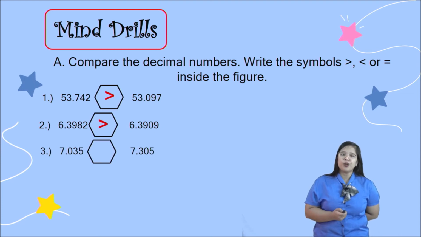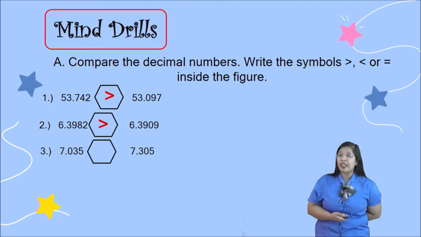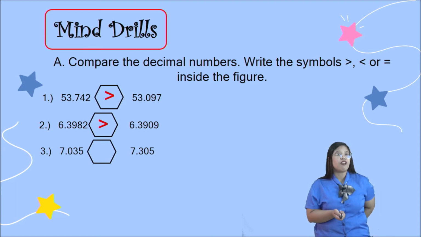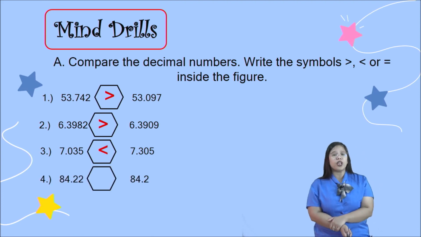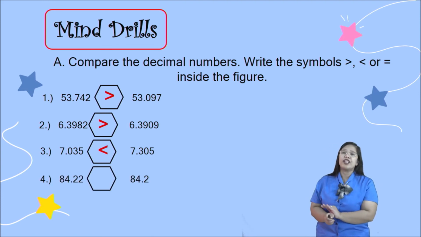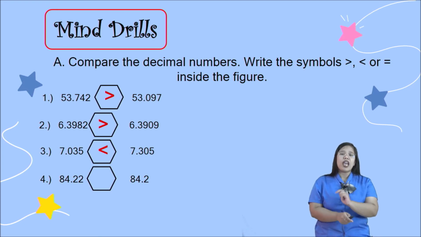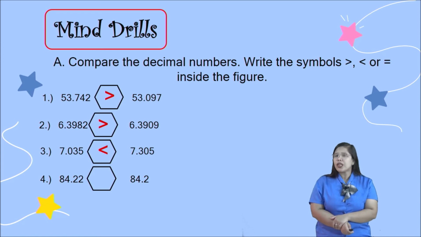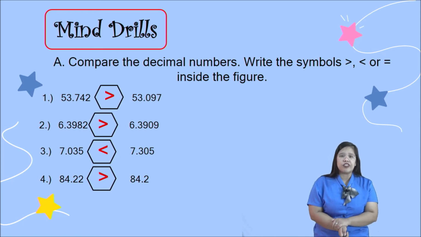For the third one, we have 7 and 35 thousandths, 7 and 305 thousandths. The answer is less than. For the fourth one, we have 84 and 22 hundredths, 84 and 2 tenths. What will be the answer? Very good. It should be greater than.